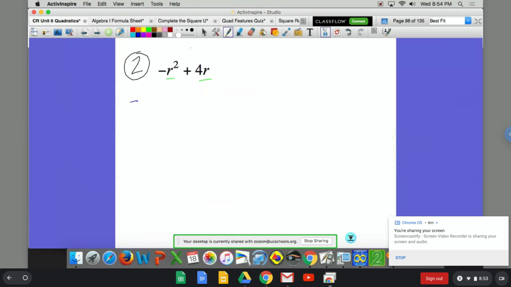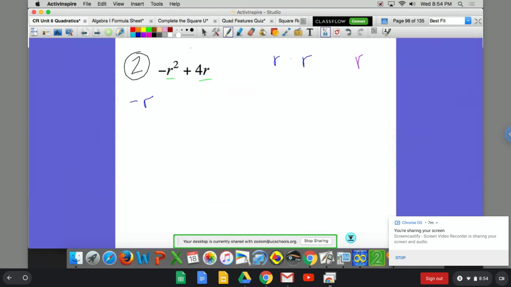And now our first term, negative r squared, is really just r times r. So it has two r's. And then you have the second term, which just has one r. So how many r's do they have in common? Well, since one term only has one, they only share one r.